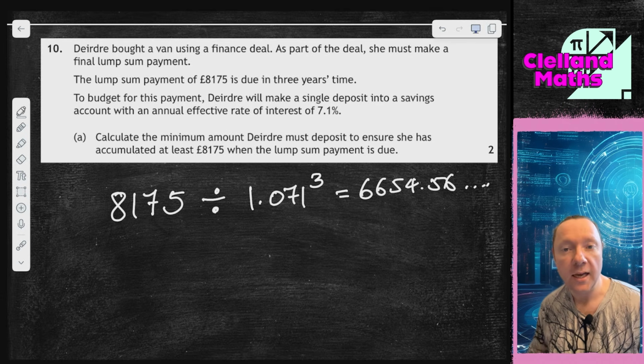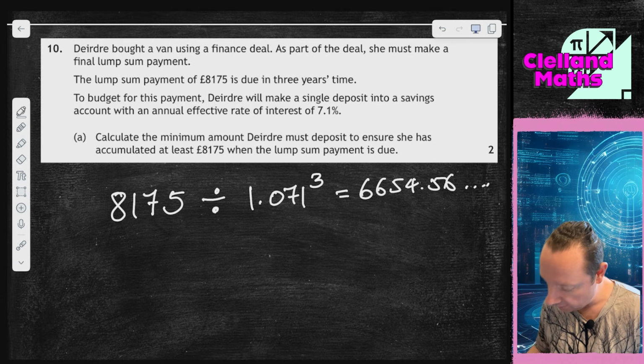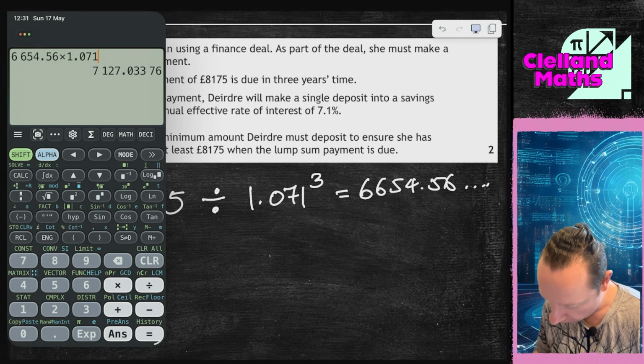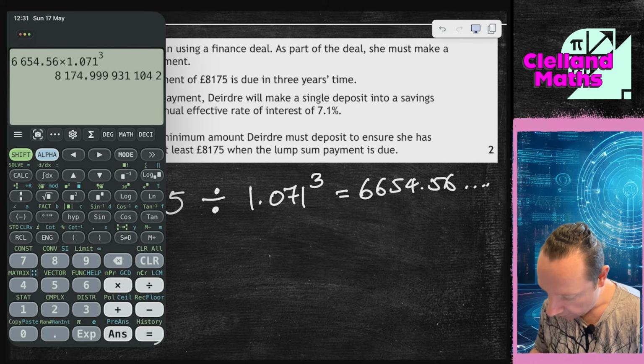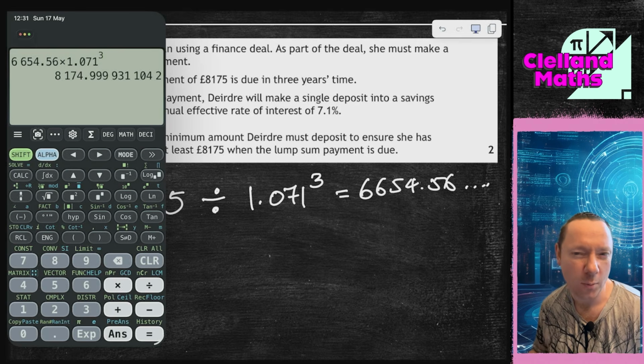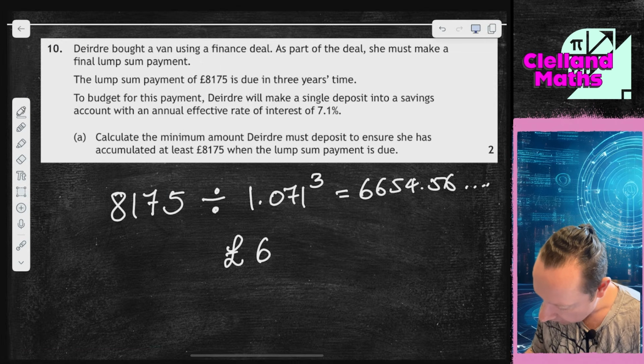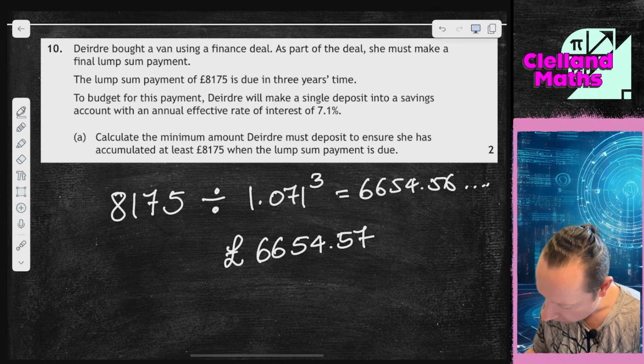If I just put 5, 6 in, I'll be slightly short. You can see this by if I just get rid of that and go 6654.56 times 1.071 to the power of 3. I've not really got 8175. It rounds to 8175, so I probably would. But I would say the answer really should be 6654.57.